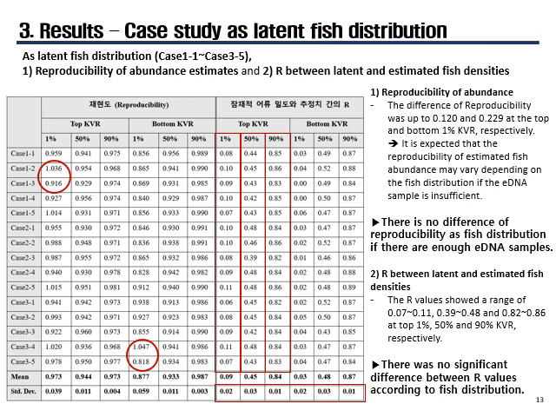The R value shows a range of 0.07 to 0.11, 0.39 to 0.98, and 0.82 to 0.86 at top 1%, 50%, and 90% cable respectively. There was no significant difference between R values according to pitch distribution.